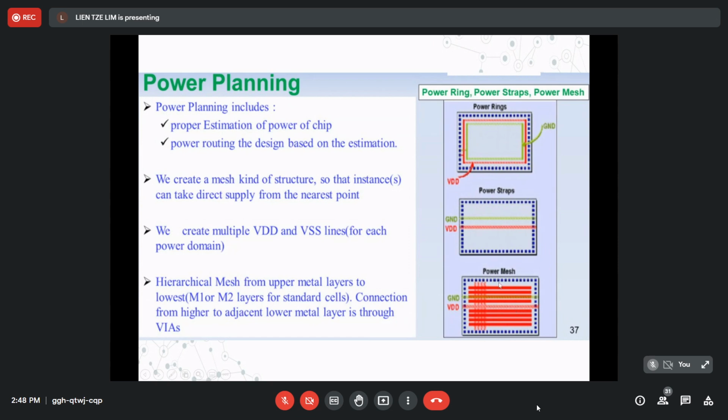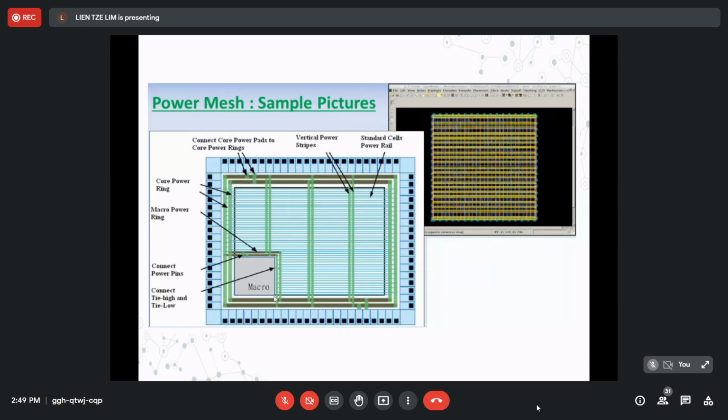Okay, in the power mesh here there are multiple layers, upper layers to lower layers according to the statements here. This is a sample of a power mesh.